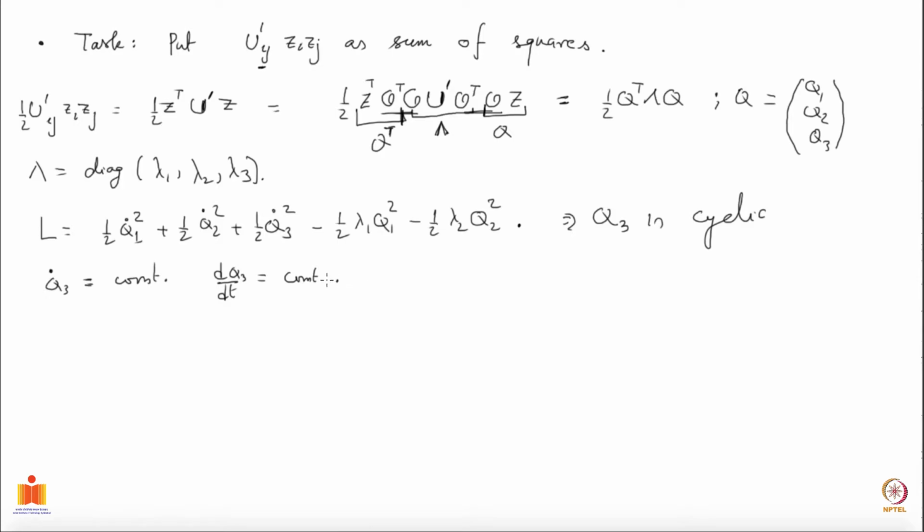That's one thing. And if you look at the Lagrangian, apart from the appearance of q3, which we will talk about later, it's trivial actually. What you have is a sum of two harmonic oscillators, which I mentioned last time. These two terms together form a harmonic oscillator, and those two form another harmonic oscillator, with frequencies given by omega 1 square is lambda 1 and omega 2 square is lambda 2.